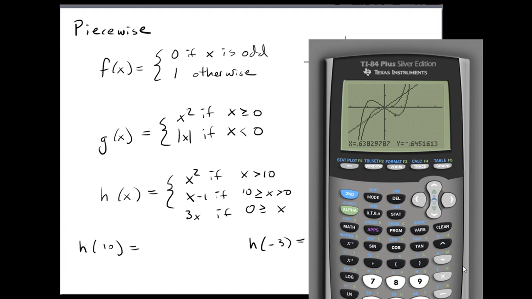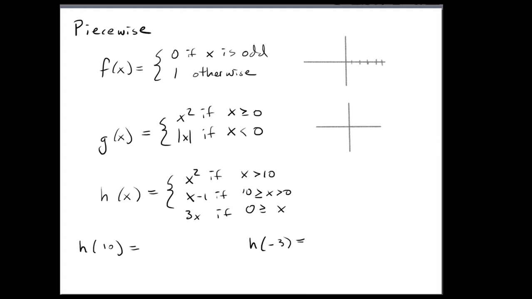What about piecewise functions? Bye-bye for now, calculator. Piecewise functions are defined in parts, hence piecewise. And I figure out where in the little subdomains I am, and then that tells me what's happening.